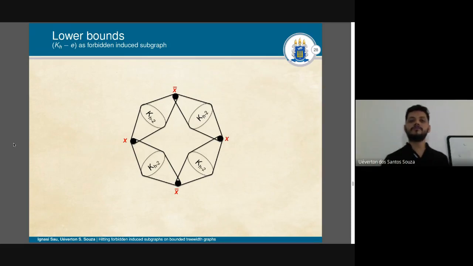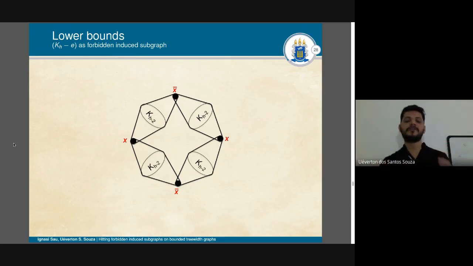And for that, for each variable of the formula, we create a gadget like that, where we have 4 important vertices that represent literals of the variable. And for each pair, positive and negative, we have a copy of the forbidden subgraph.